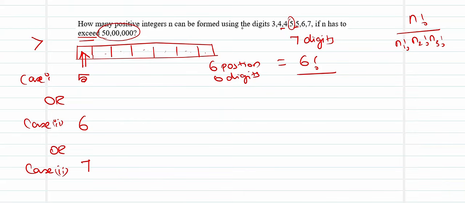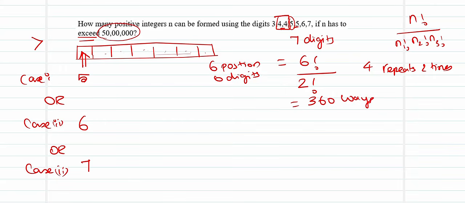The element 4 is getting repeated 2 times, so I have that to be divided by 2 factorial. Notice I am not taking 5 into consideration because one 5 has already been fixed. Apart from that, only one independent 5 is available for me to occupy this position, so that will not come under repetition. Keep in mind, only 4 comes under repetition. So we have 6 factorial divided by 2 factorial, which is equal to 360 ways.